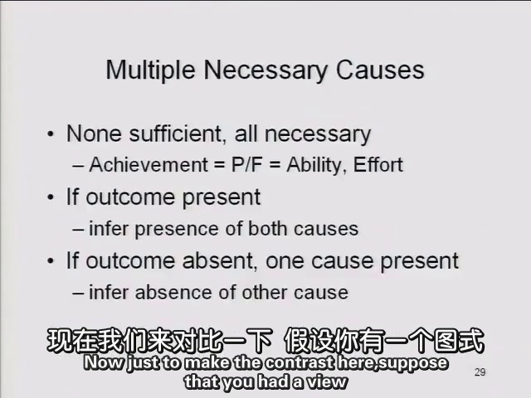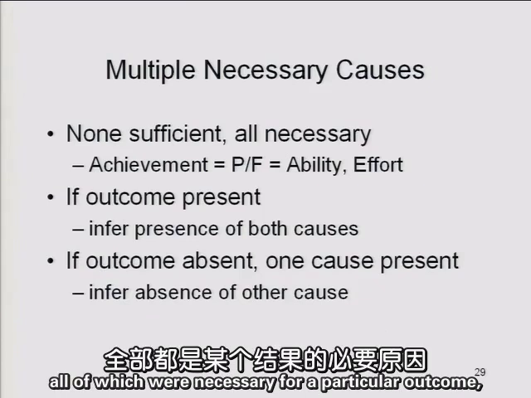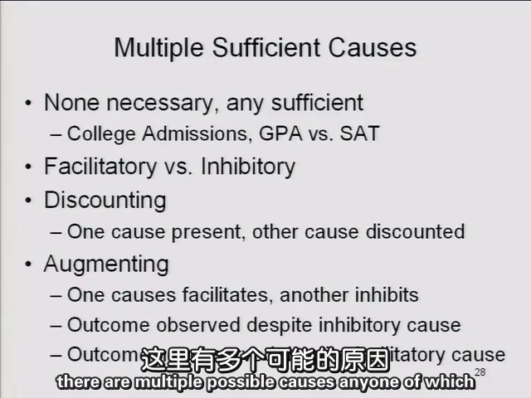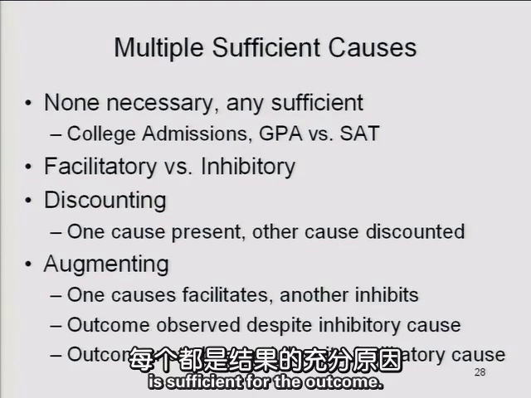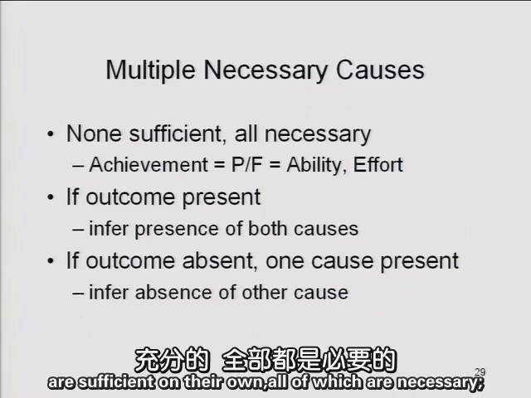Now, just to make the contrast here, suppose that you had a view that there were multiple causes, all of which were necessary for a particular outcome. Back here, multiple sufficient causes, there are multiple possible causes, any one of which is sufficient for the outcome. Here, you've got multiple necessary causes, none of which are sufficient on their own, all of which are necessary.